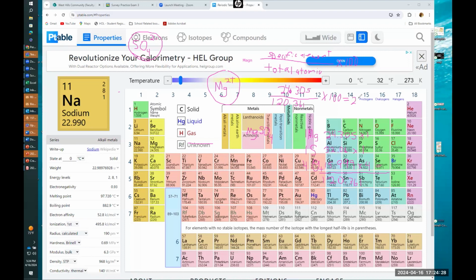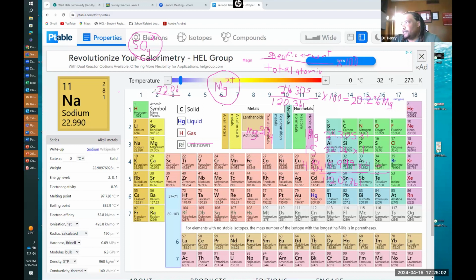So that's going to be 20.19. If it's three significant figures, it's 20.2. Yeah, 20.2. And I'm going to put it over here, that would be percent magnesium, Mg.